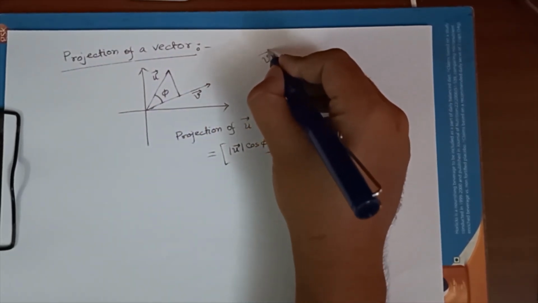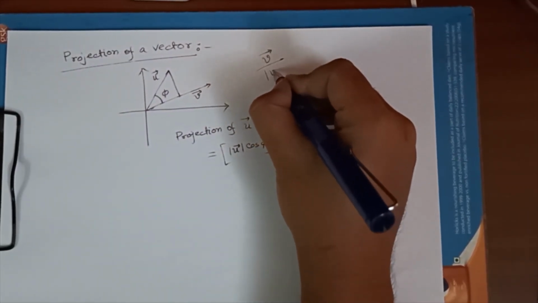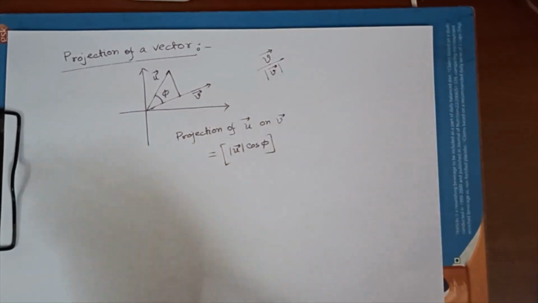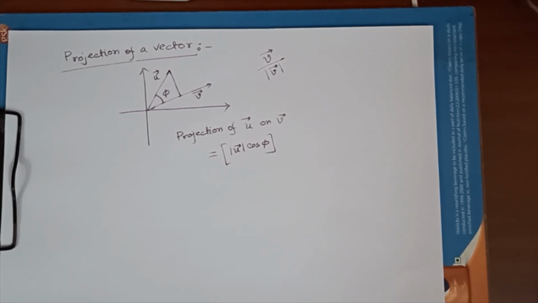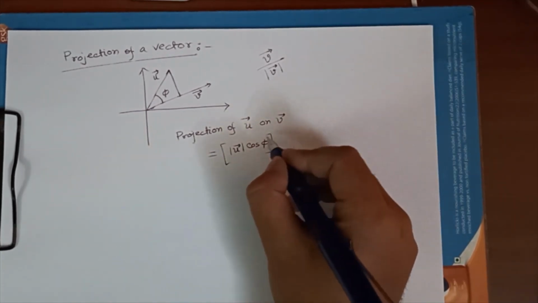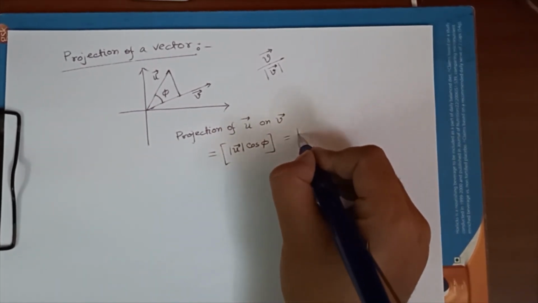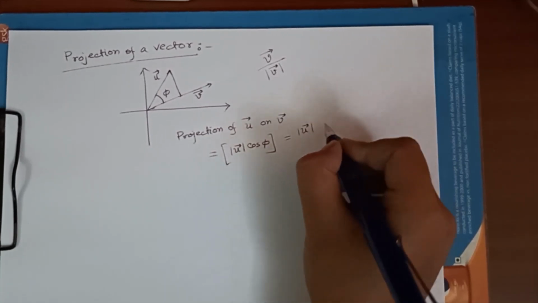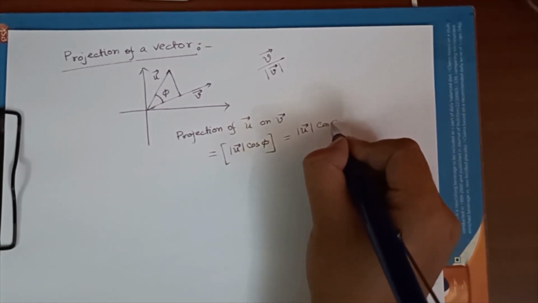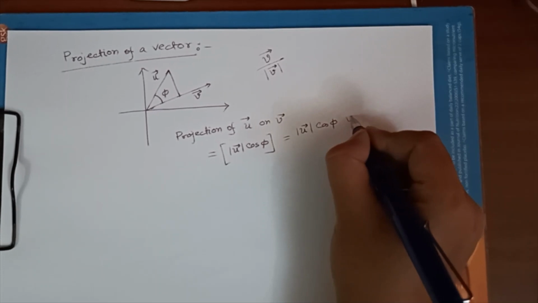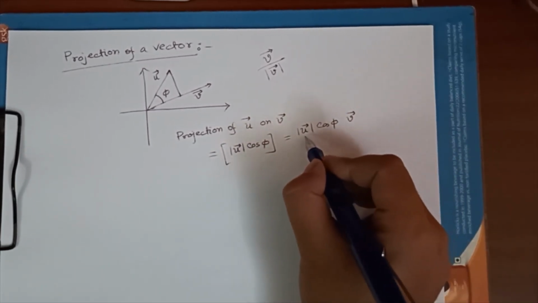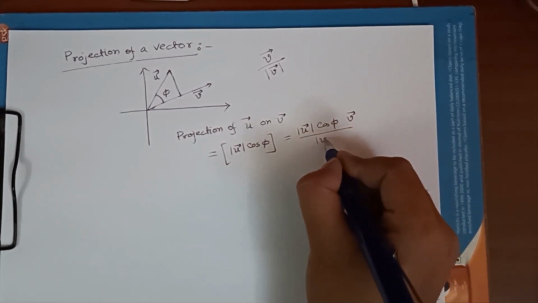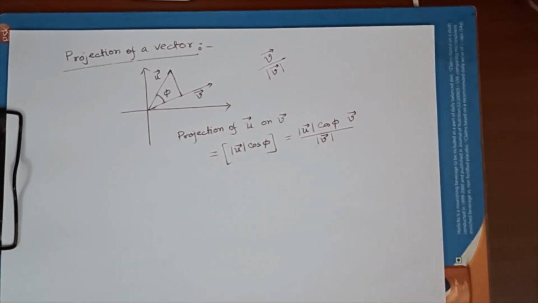It will be v divided by the length of v. In this way we can write. So the projection will be u cosine phi into v, this is the direction, divided by the length of v, right?